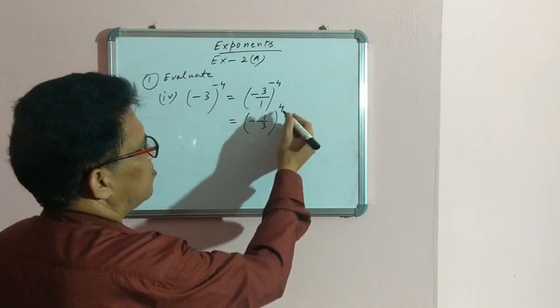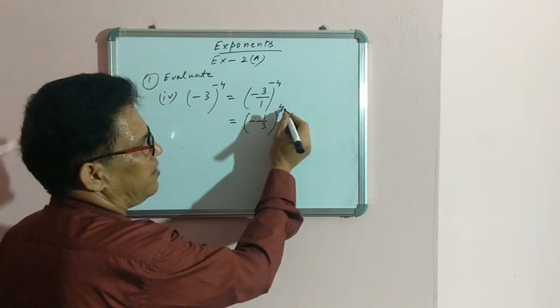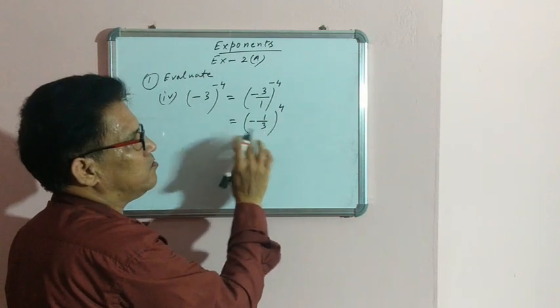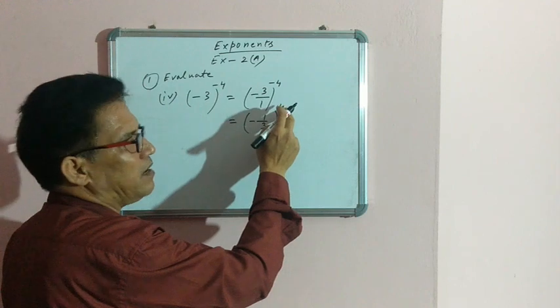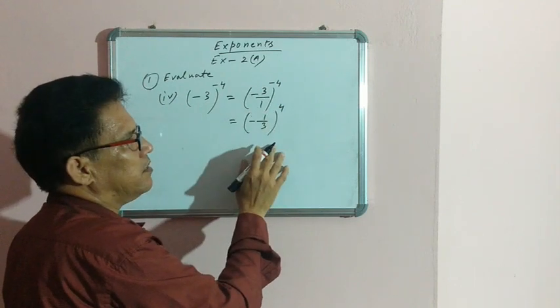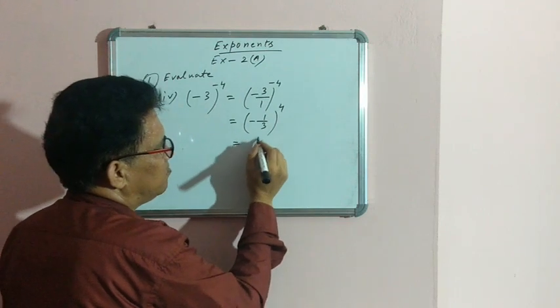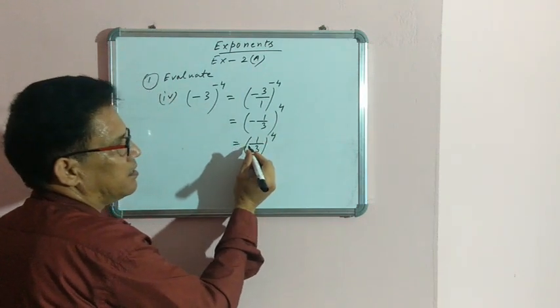Then you have seen that when the power is even, when the value of n is even, then it becomes positive. When n is odd, the power is odd, then it becomes negative. Now here 4 is even, so we can write it as 1 upon 3. I have not written the negative sign here.